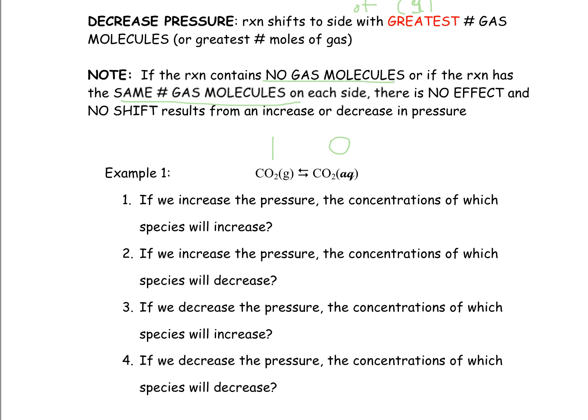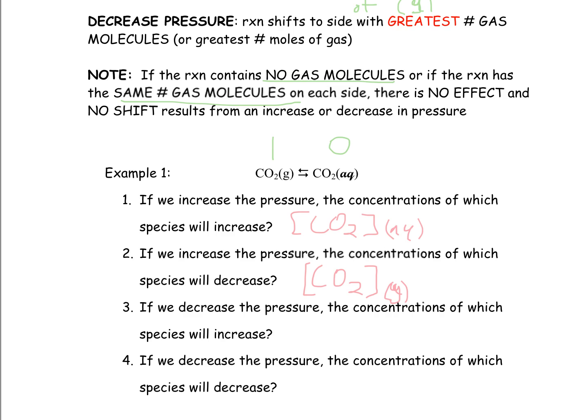If they're hitting each other, my reaction is going to shift this direction. Therefore, the concentration of which will increase? CO2 aqueous. And what will decrease? Well, CO2 gas. They're hitting each other more often. They're being used up and creating the aqueous.